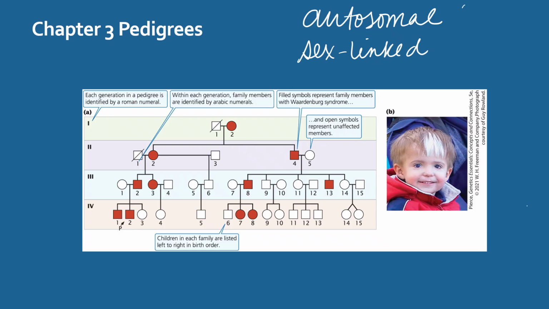And then we'll also want to determine if it is dominant or recessive. So when we look at our different types of traits, we're going to be looking at patterns that are going to tell us the chromosomal location, autosomal or sex-linked, and then the expression pattern, whether it is dominant or recessive.